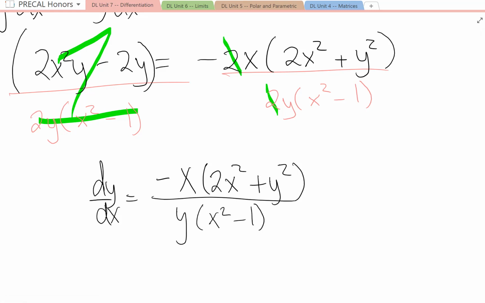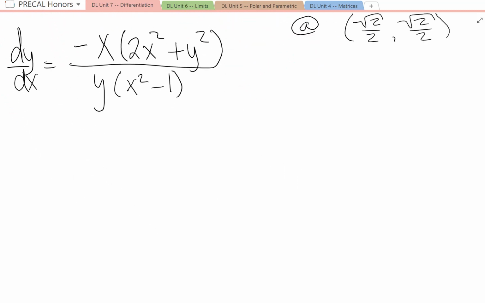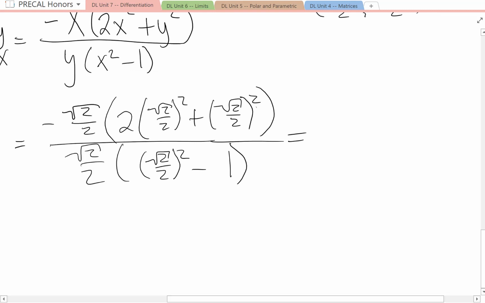The original problem asked us to find the equation of the tangent line at the point root 2 over 2 comma root 2 over 2. So for x and y, we will replace root 2 over 2 in the derivative. Root 2 over 2 over root 2 over 2 is just a special form of the number 1, so the numerator will still be negative, but you have root 2 over 2 being squared a lot.